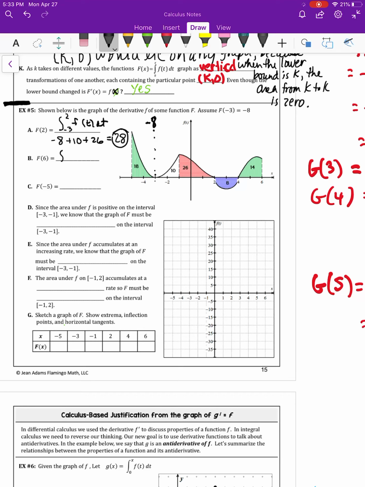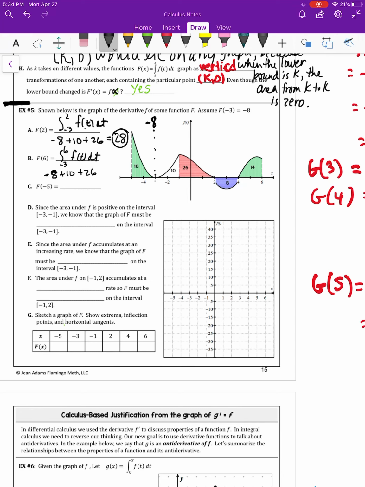And so this F of 6 would be like the integral from negative 3 to 6 of f of t dt. So again, starting at negative 8, but this time we're going all the way to 6.